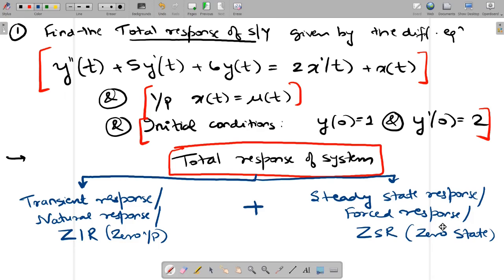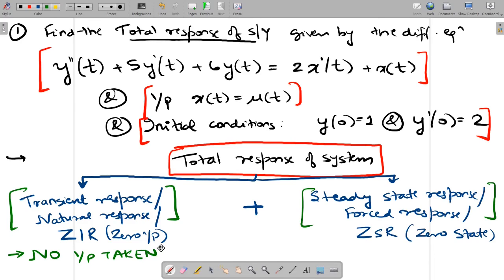So whenever you find a sum like this where they tell you to find the total response, you have to first find the transient response, then the steady state response. When finding the transient response or zero input response, the important point to remember is that no input is taken, all initial conditions are taken.